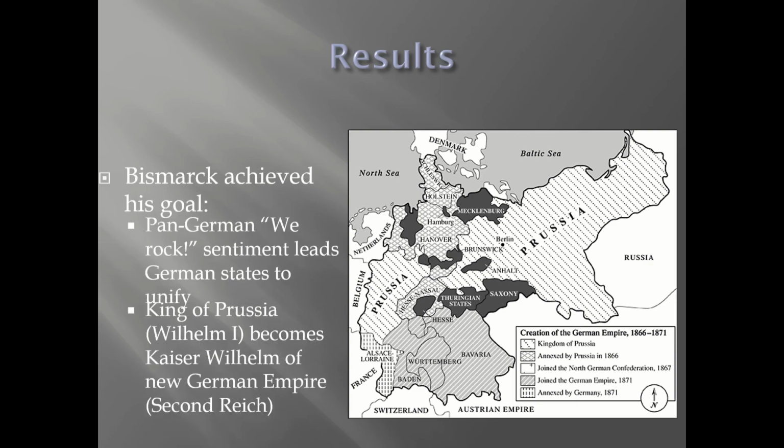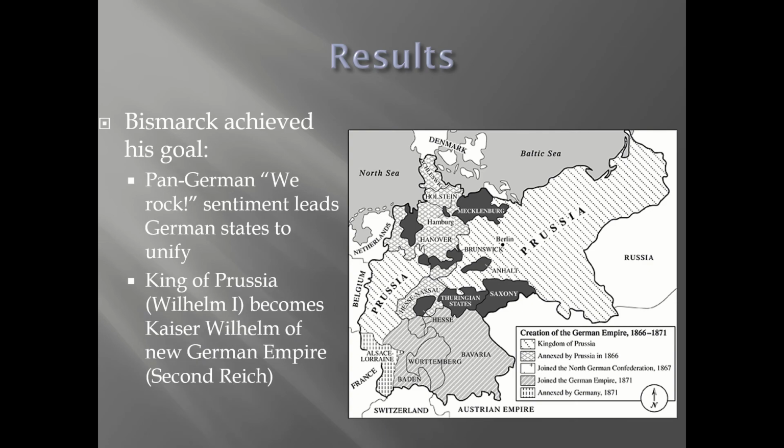So let's see. Did Bismarck get what he wanted? Well, Germany becomes Germany, right? The Prussian War ends in 1871, and that's when Germany unites. So yes, the Germans feel like, woohoo, we rock, look at us, we beat France, which used to be this big power with Napoleon, right?